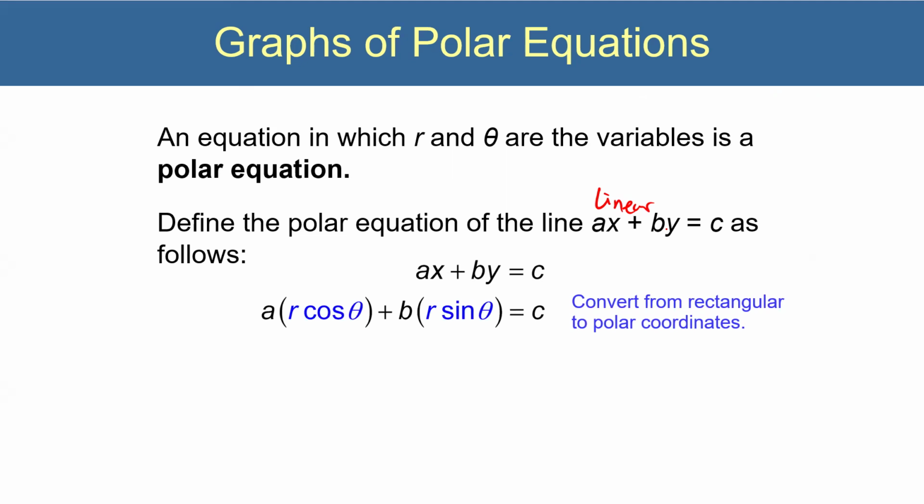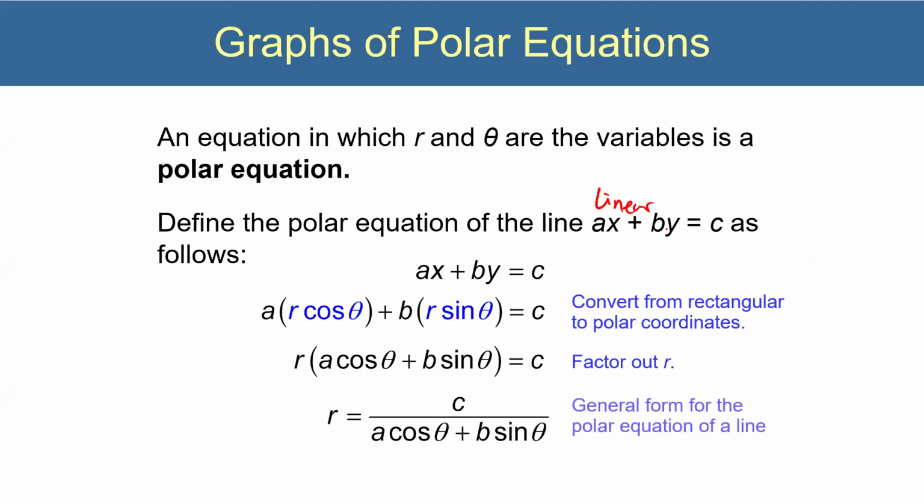Once I do that, I can factor out r because they both have an r in each term. The goal here is to get r by itself, because your polar equation is defined by r. So what would I need to do to get r by itself? Divide. We're going to divide by that entire binomial of a cosine theta plus b sine theta.